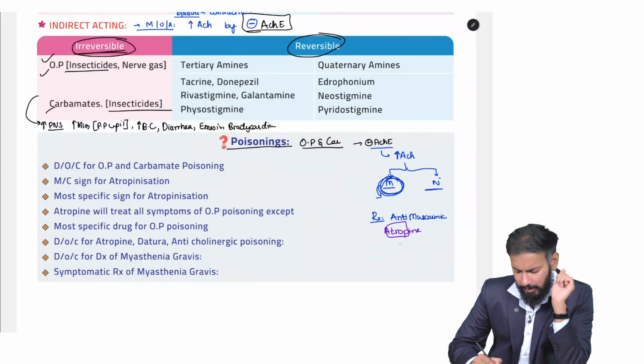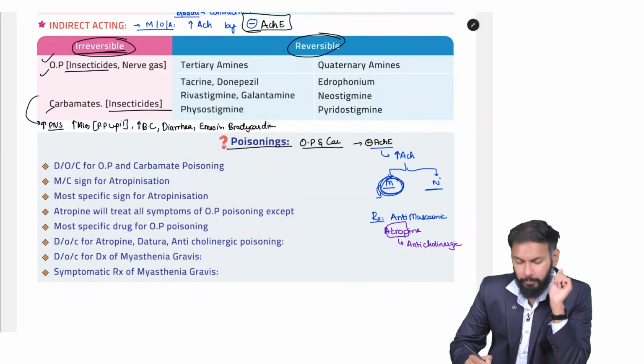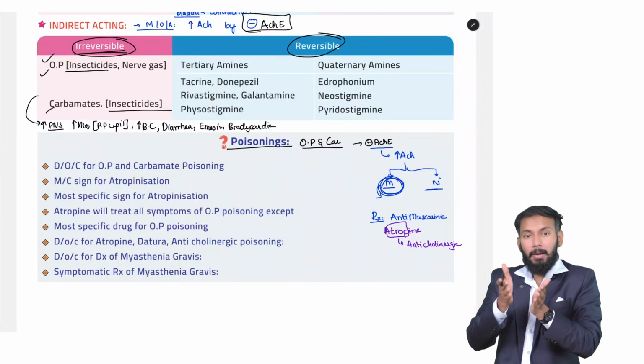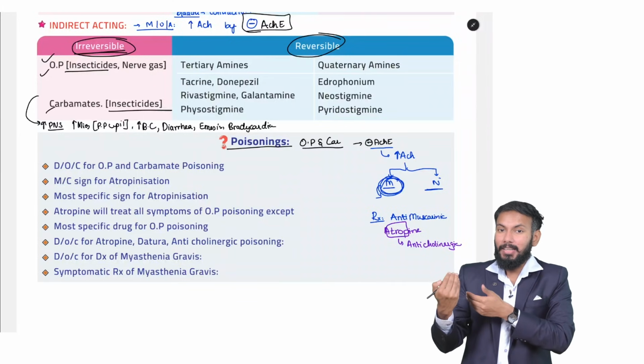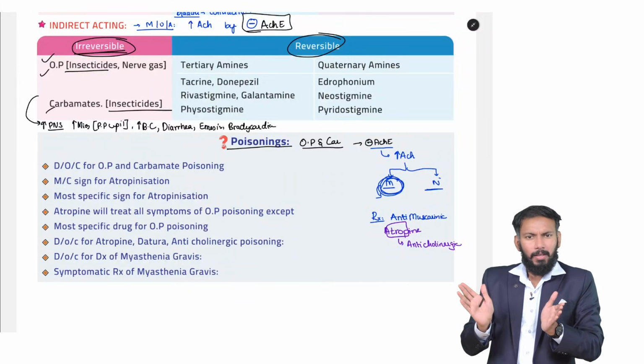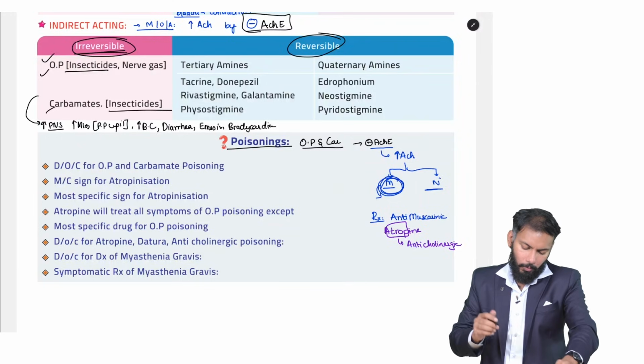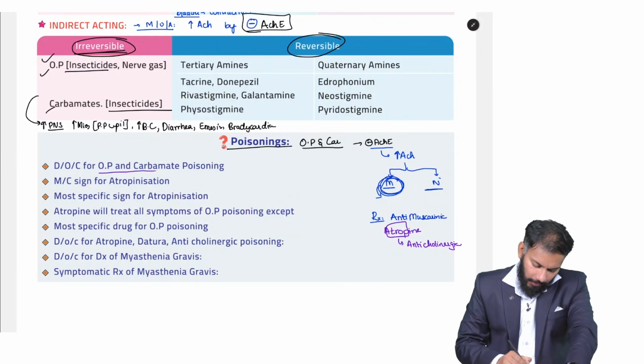So please remember this. Wherever you see a 'trop' word, it is an anti-cholinergic drug or anti-muscarinic drug. So in cholinergic poisoning like OP and carbamate, we give an anti-cholinergic drug. Simple. So what is the drug of choice for OP and carbamate poisoning?